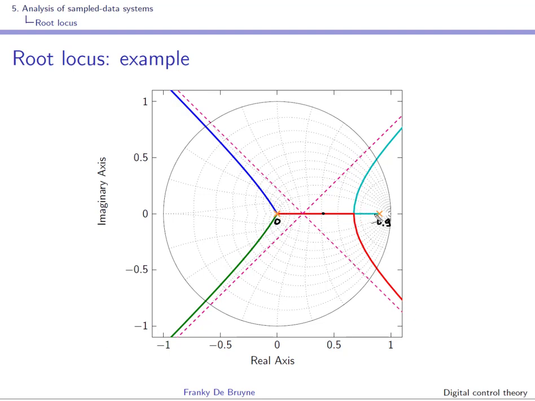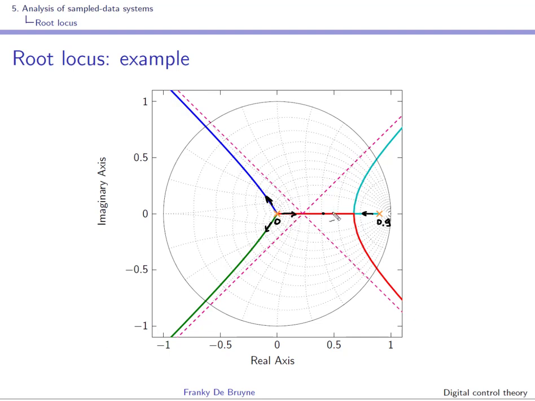You can see that the root locus will start from the poles. So here it will evolve like this, here it will evolve like this, and the third pole will evolve like this.